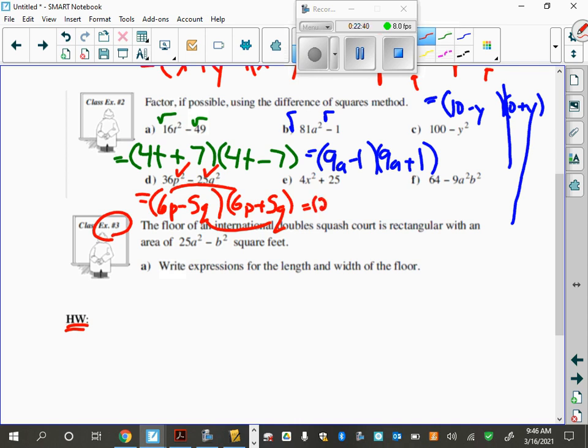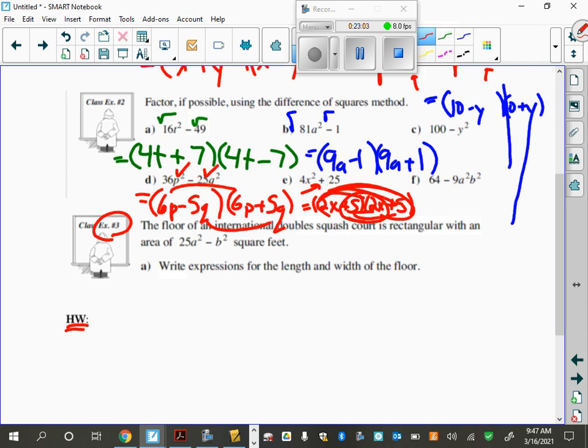Must be this one, right? 2x plus 5 times 2x plus 5? Yeah, I know. Because if you do that, you're going to get 20x in the middle. You don't have a 20x in the middle. Can't be opposite signs because you don't have subtract 25. That would be nice.